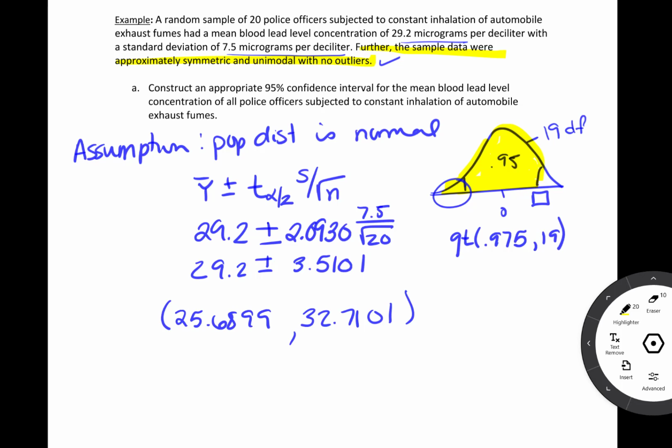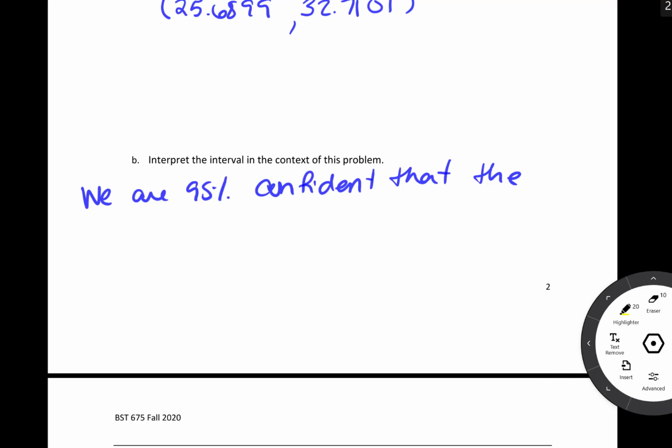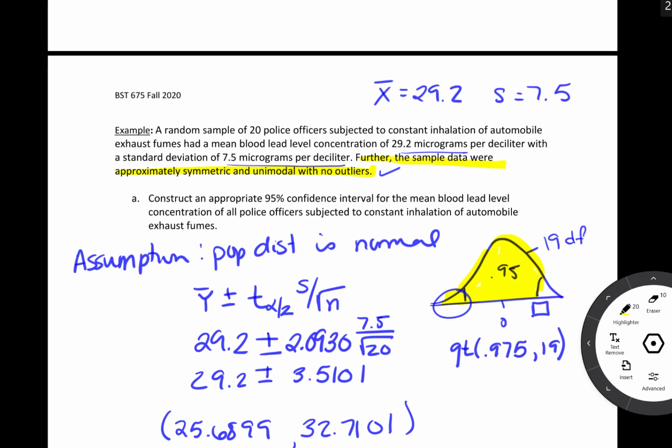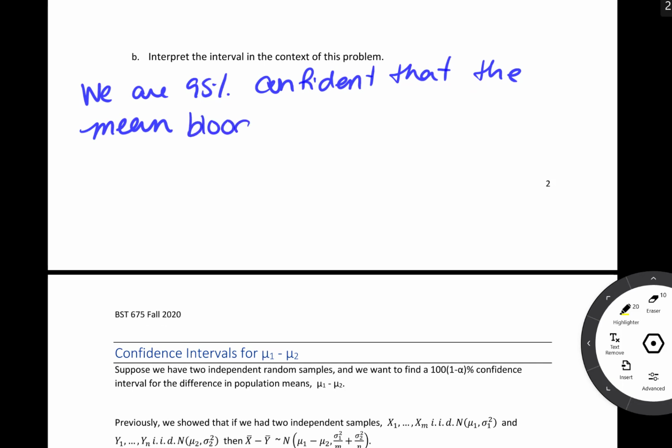And then we can interpret this interval in context of the problem. So to interpret this interval, we would say we are 95% confident that the mean, and going back into the context of our problem, remember here that what we're interested in is the mean blood level concentration. And we were specifically interested in police officers.